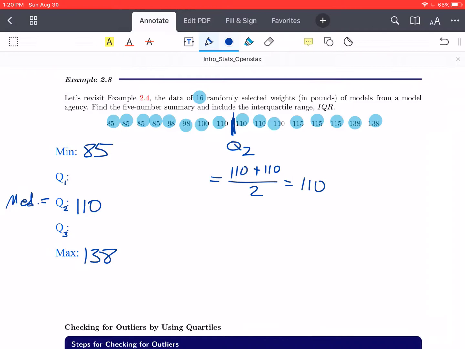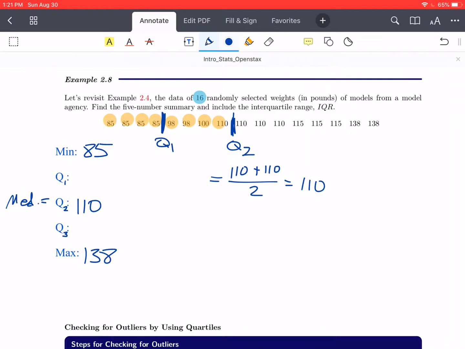Then to find the first and third, we need to split these in half. Now I have up here a set of 8 data points. Half of that is 4. So I'm going to go 1, 2, 3, 4, and 1, 2, 3, 4. So the middle here is between the 85 and the 98.